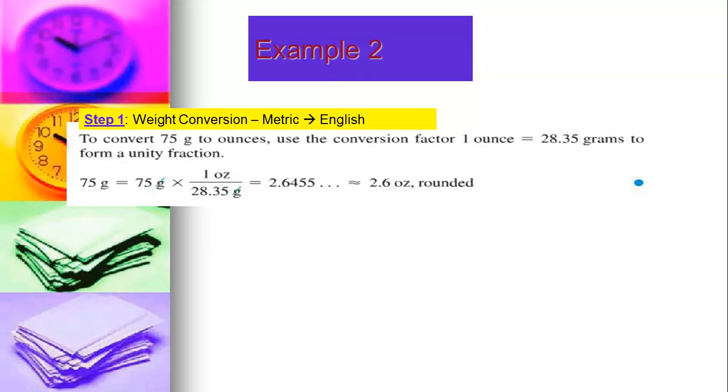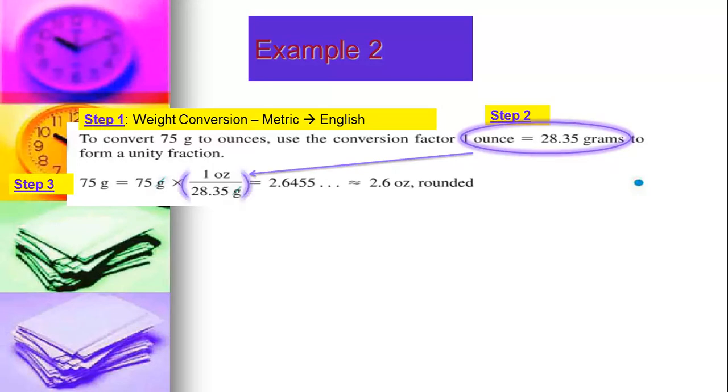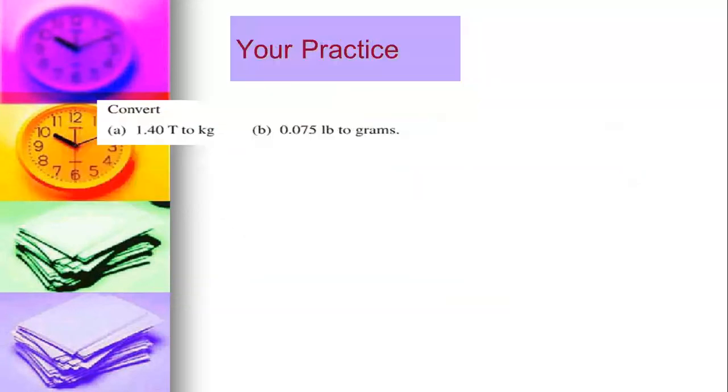So, ganun pa rin. Step 1 natin, titingnan natin yung weight conversion if metric to English. Yung step 2 natin, hanapin natin yung conversion factor. Then, lastly, gagawin natin yung ratio niya. Okay? Next. Convert 1.40 tons to kilograms and 0.075 pounds to grams.